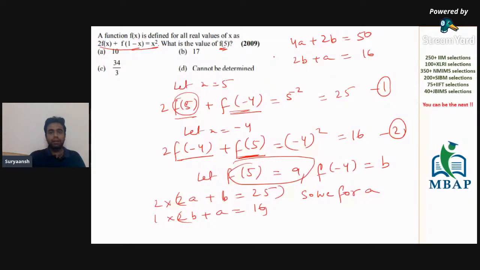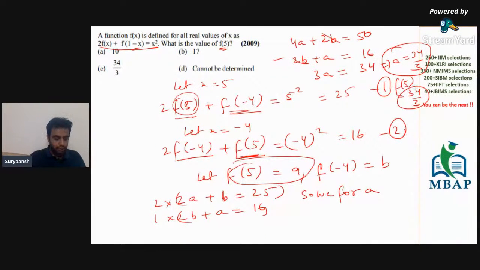Just subtract, and 2b and 2b would get cancelled. You would be left with 3a is equal to 50 minus 16, which is 34. So this gives a as 34 by 3, which is f(5) equal to 34 by 3. Alright, so f(5) comes out to be equal to 34 by 3.